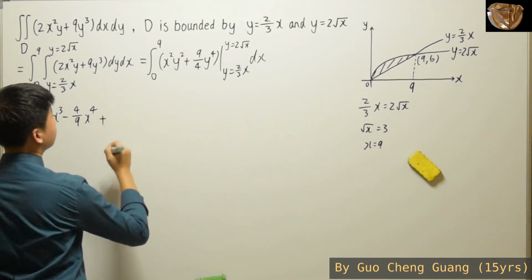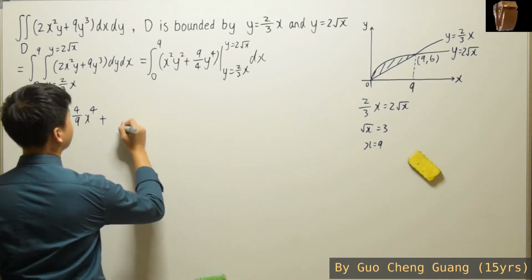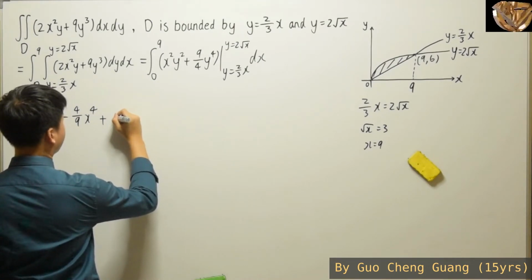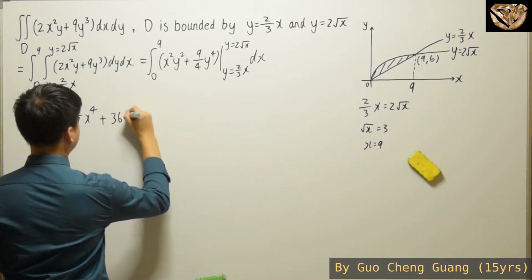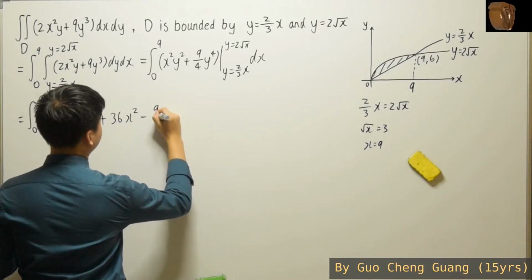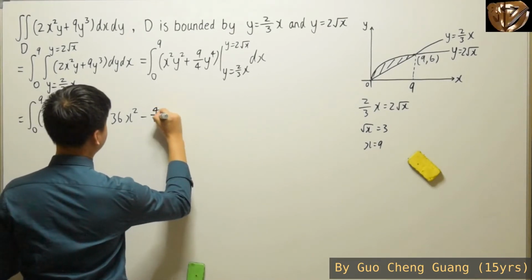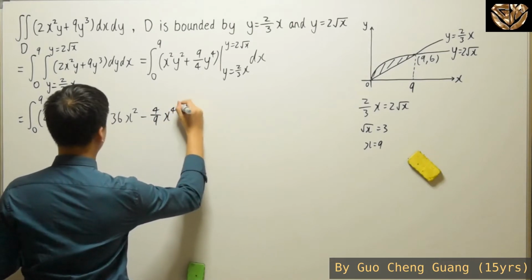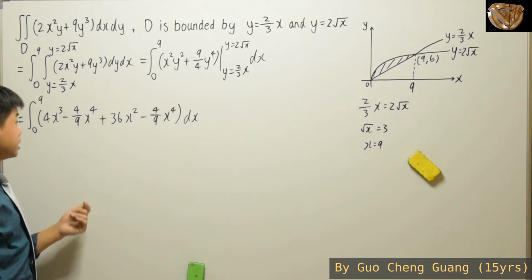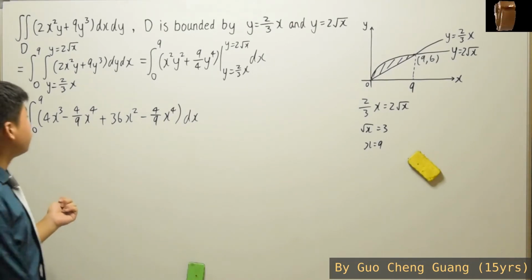Then add on y to the power of 4, which means you'll have 16x squared, so 36x squared, and then minus 4 over 9 x to the power of 4. Alright, so this is what you will be seeing. And of course, you can combine these two to make it look a bit simpler.